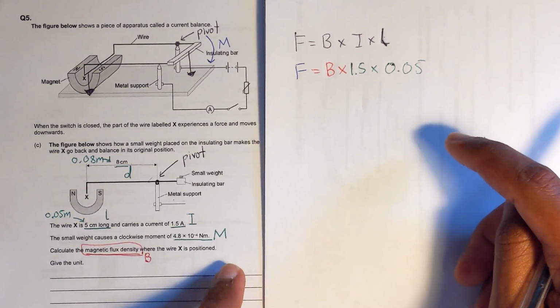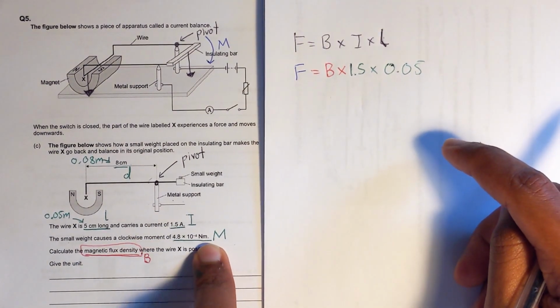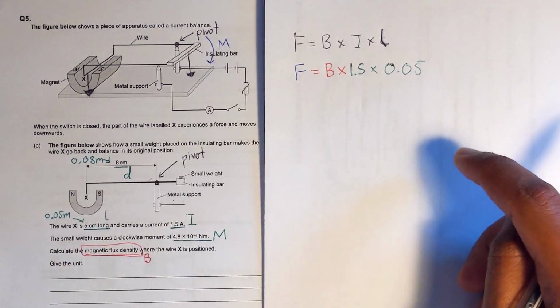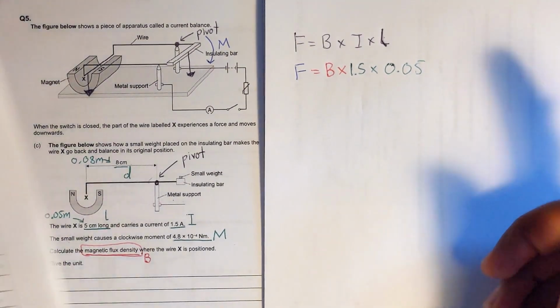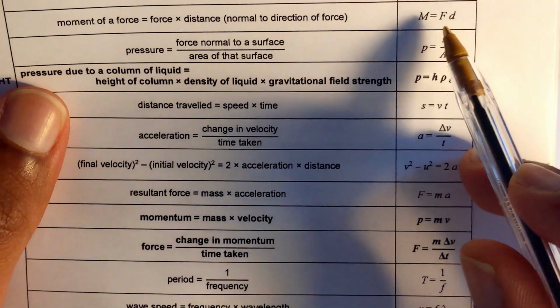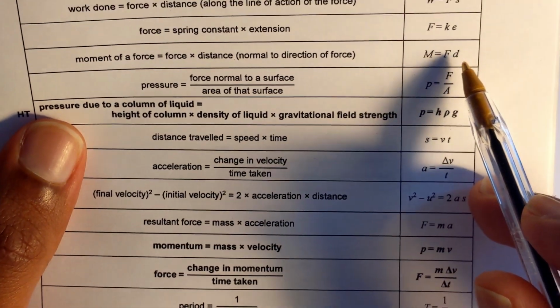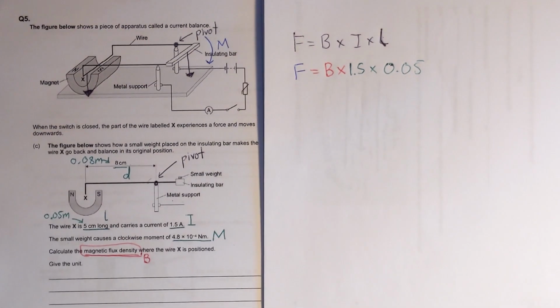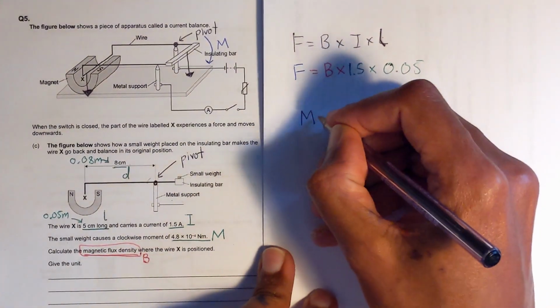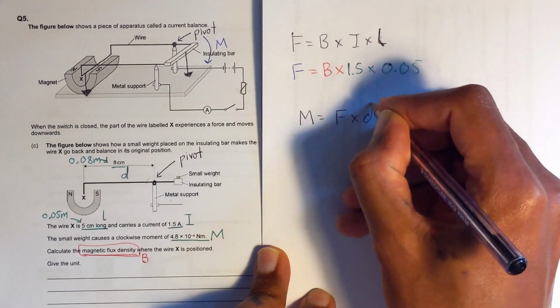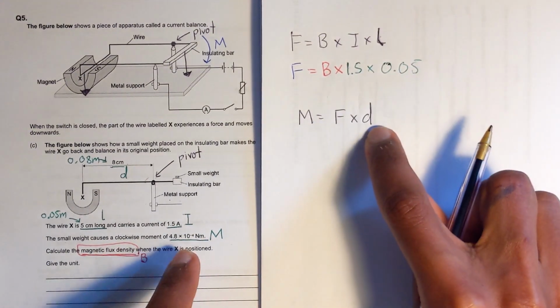Now, you may have noticed we have not used the value of the clockwise moment yet, and you will hopefully remember that the moment of a force, M, equals F times D. That's also given to you in this equation sheet. So, writing that equation out, we've got M equals F times D. We're going to substitute values that have been given.